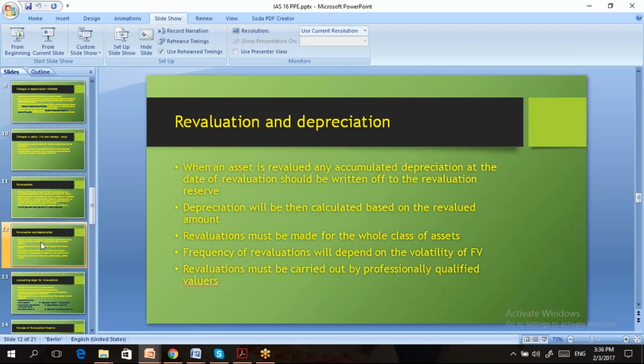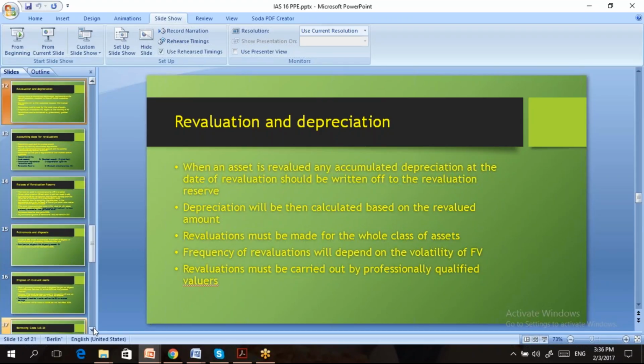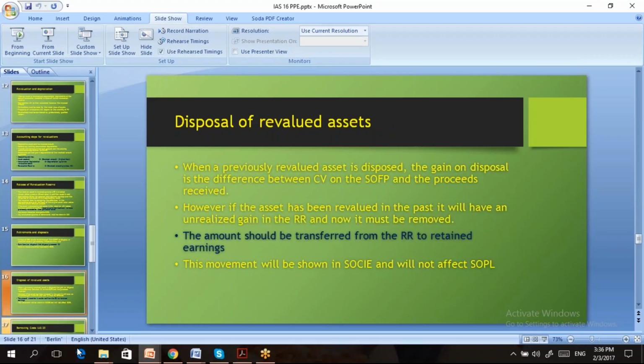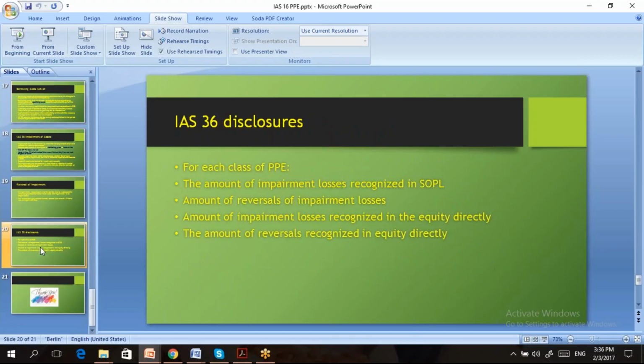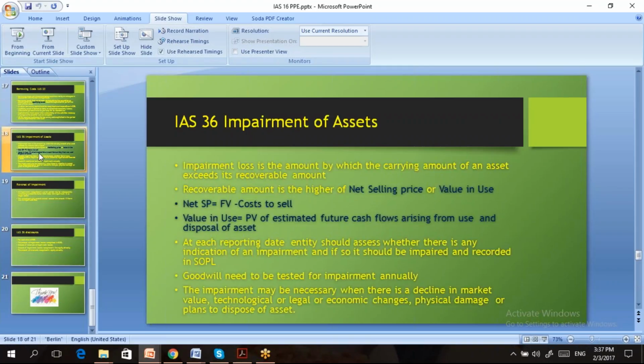And for that purpose, if you borrow money, the interest you pay during the construction period can be charged straight away to the cost of the asset.